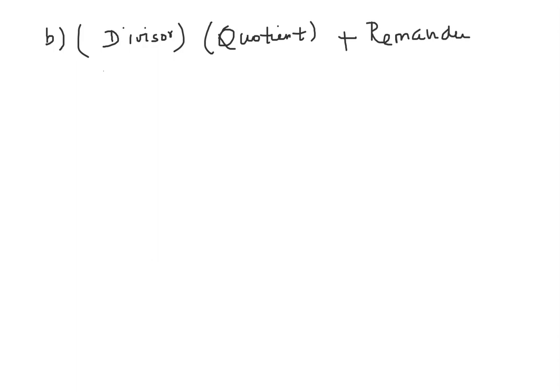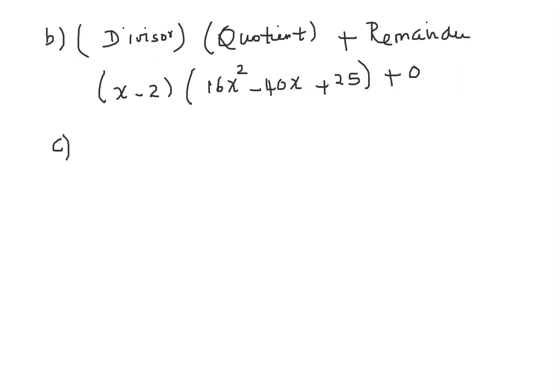The divisor is x minus 2. Quotient is 16x squared minus 40x plus 25 and the remainder is 0. In part 3, you have to write in factored form.